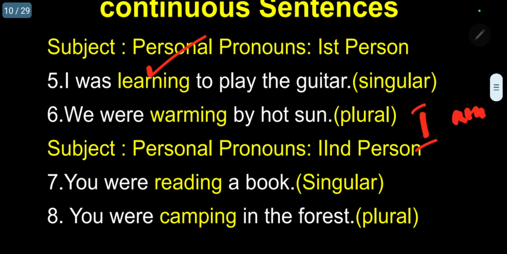We are not using is. Please follow. But when you go for past tense, then as usual was will be added. Most important, so this irregularity you have to memorize. Okay. I was learning to play guitar. Next one. We were warming by hot sun. Plural.